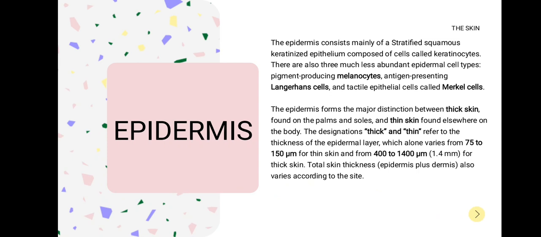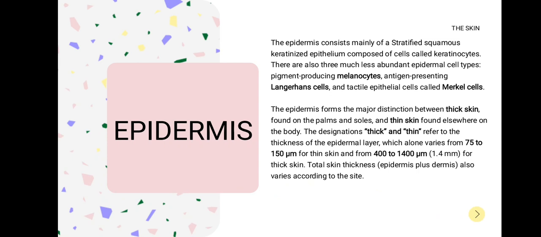So first, we are going to tackle the ectodermal, or the outermost layer of the skin, the epidermis. The epidermis consists mainly of a stratified squamous keratinized epithelium composed of cells called keratinocytes.